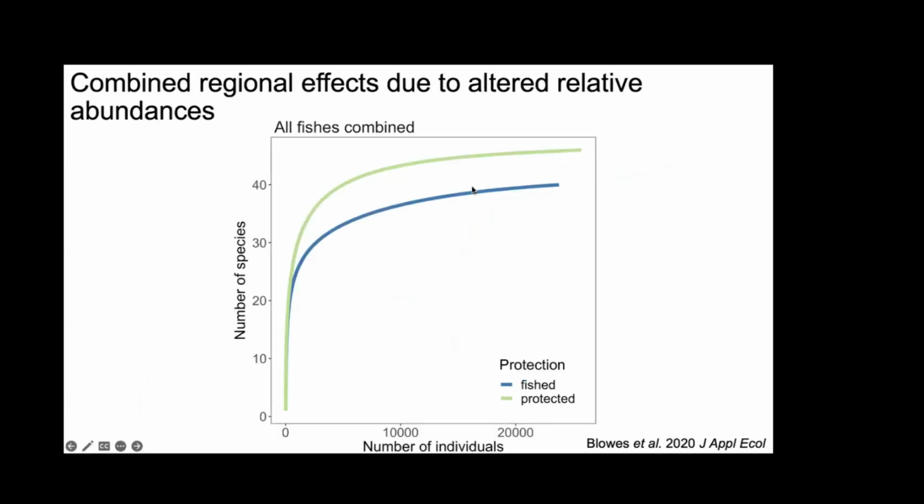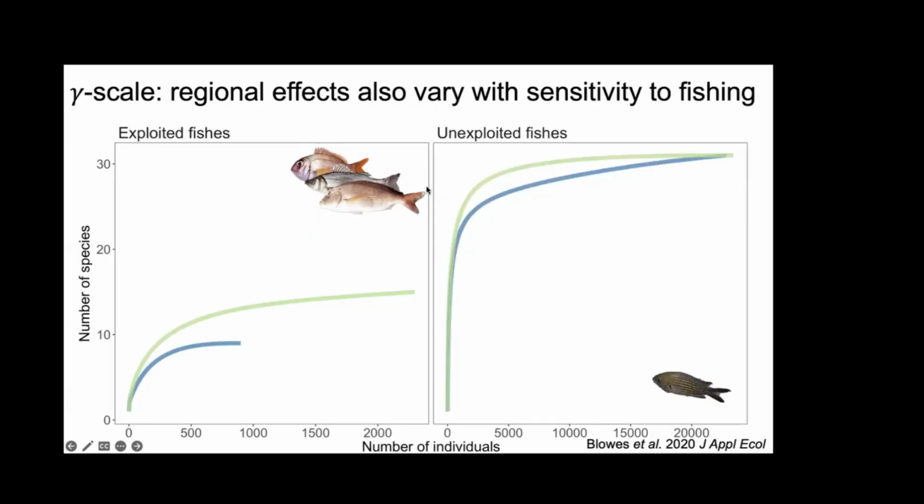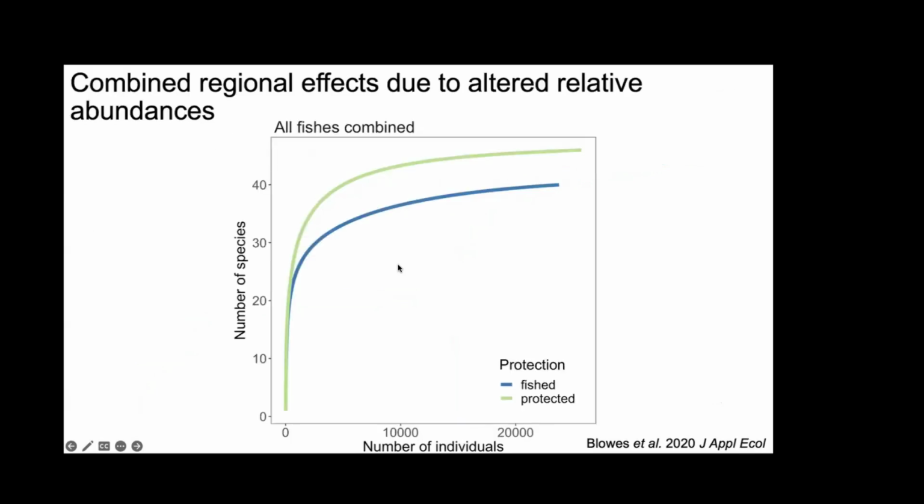well, so we can see with all fishes combined, so this is now putting both of these aspects of the community back together, we've got a little bit of an effect on total numbers of individuals, but it's mostly gone when we combine all of the species together. And most of the effect happens in the curvature here.